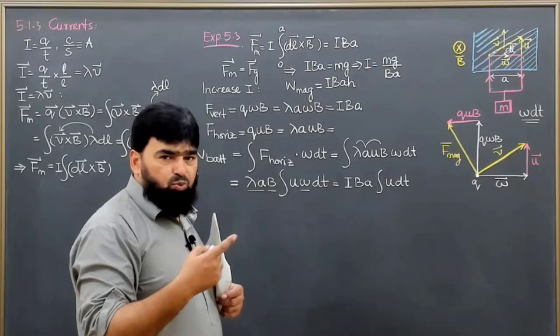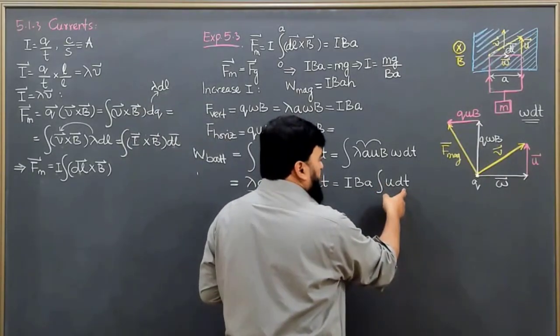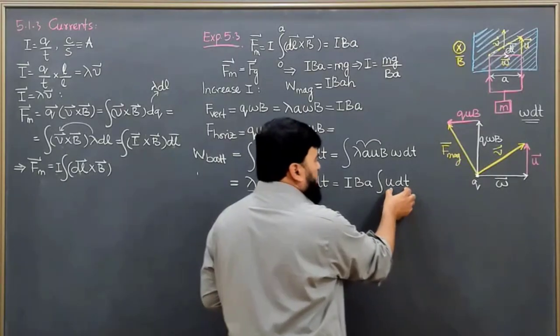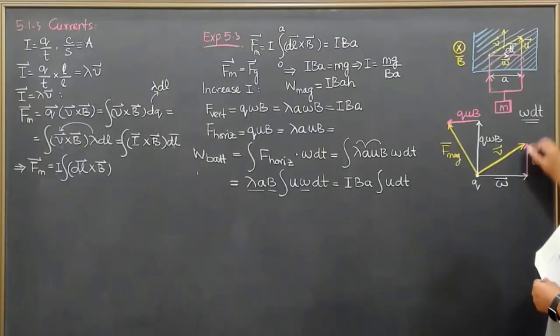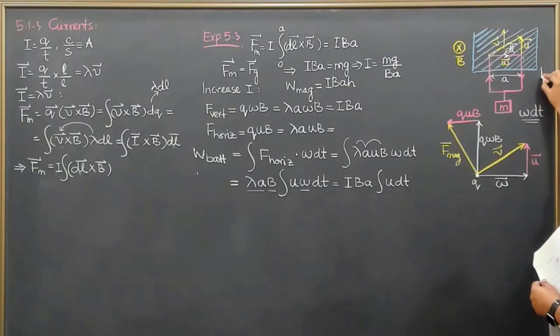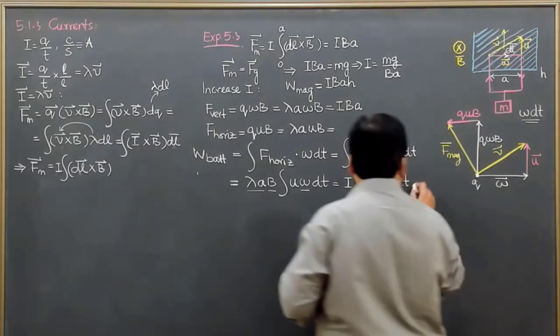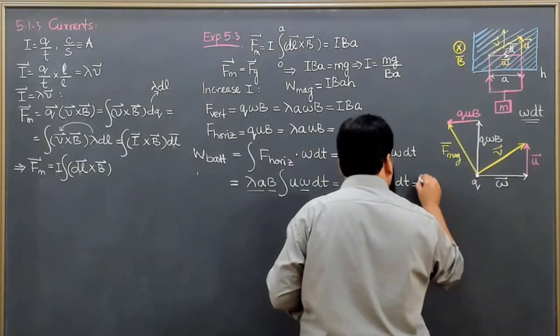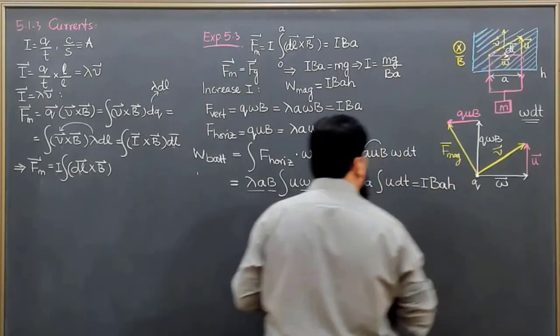S equals VT, so it will give us S. U is in this direction, so how much will it cover in dt? It is H which the loop is covering. So this thing comes out to be I, B, a, and H.